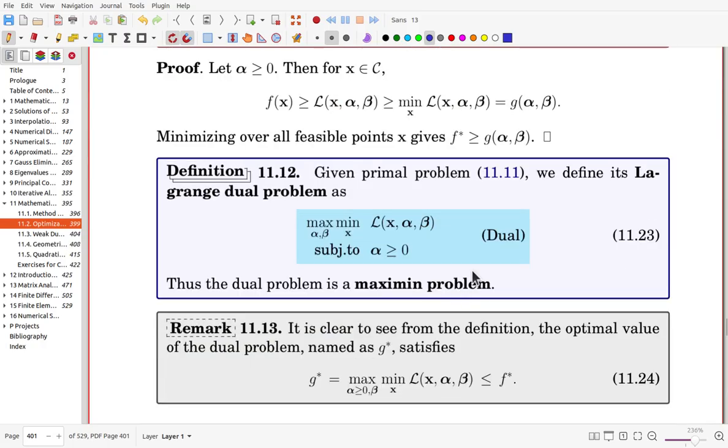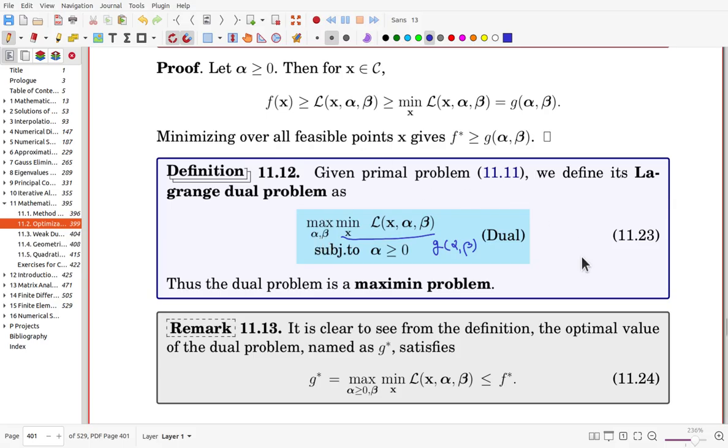Okay? And it's quite clear to see from the definition the optimal value. Once you try to find an optimal value, the minimization of that one is now g of alpha beta, the dual function, and we now try to maximize over alpha beta.